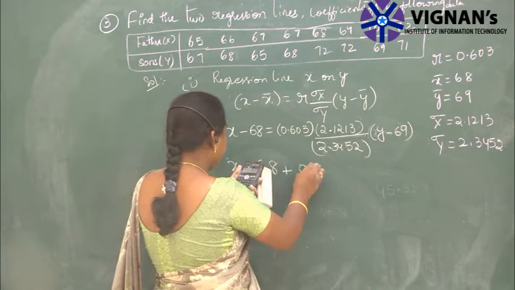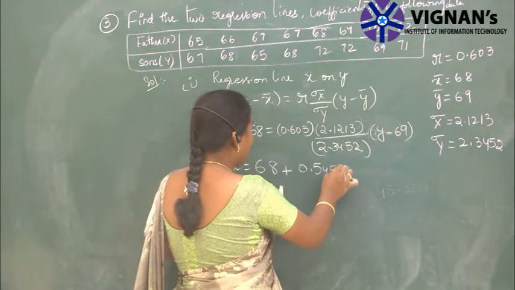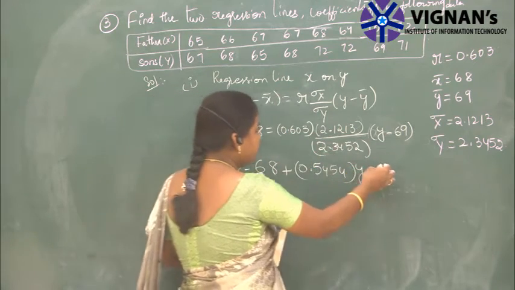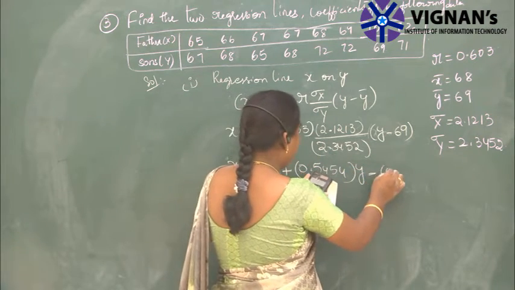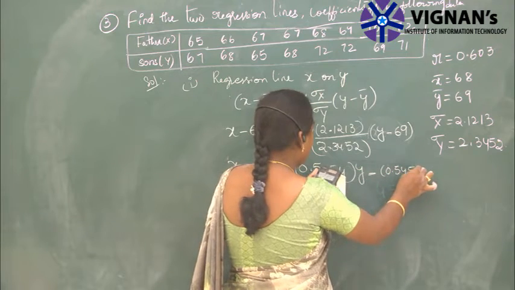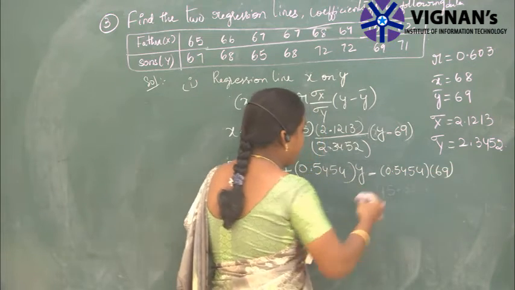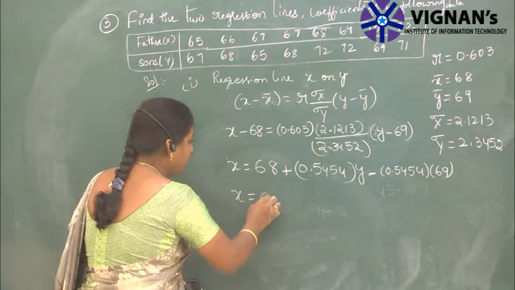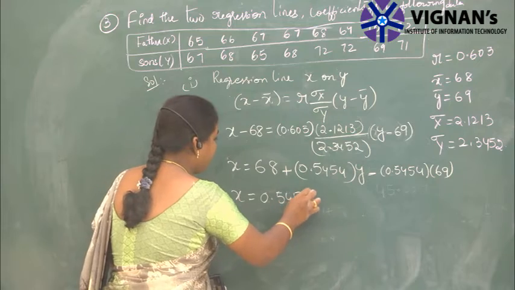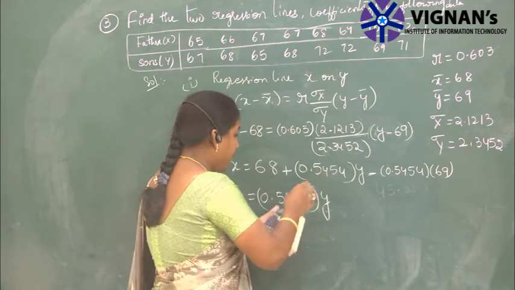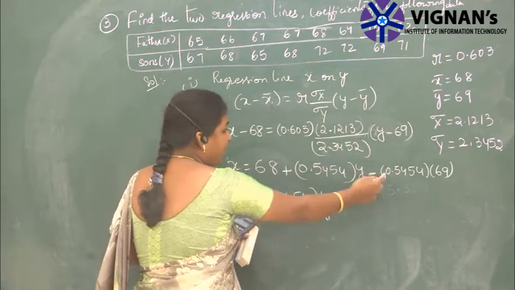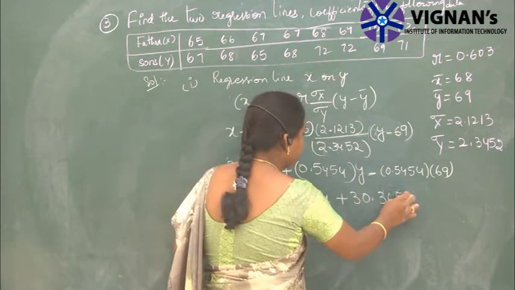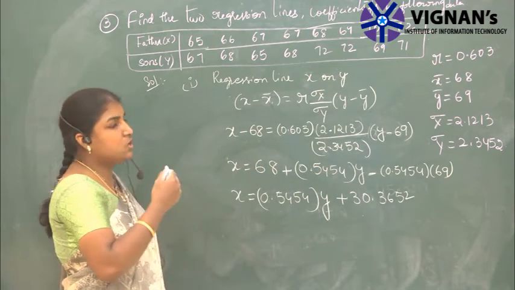So we get that value 0.5454 into y minus, plus into minus is minus, and this one is 0.5454 into 69. Now we are simplifying this one, x equal to 0.5454 into y, and we are simplifying these two values, we get plus 30.3652. Okay. So this is the x on y line.